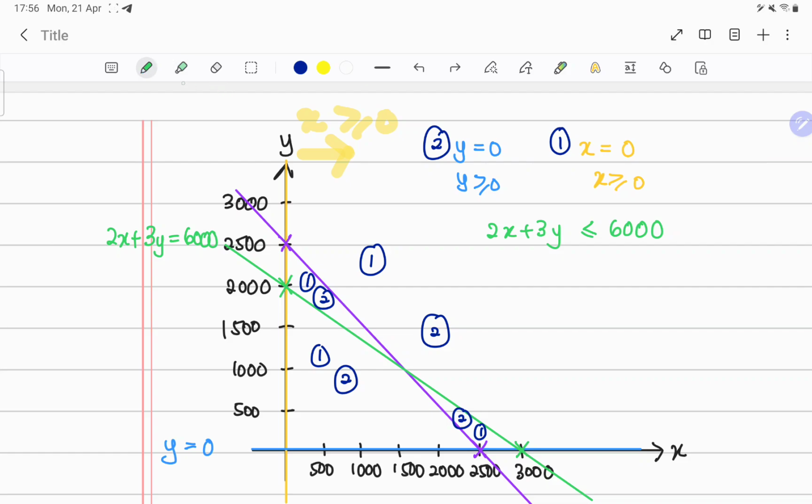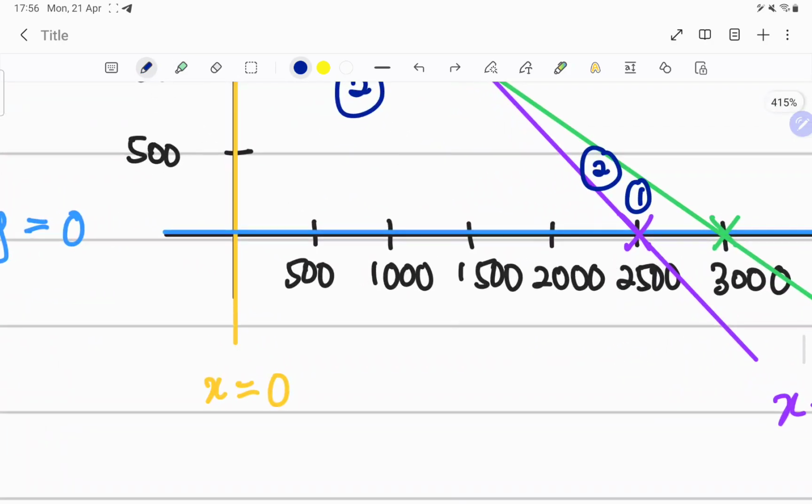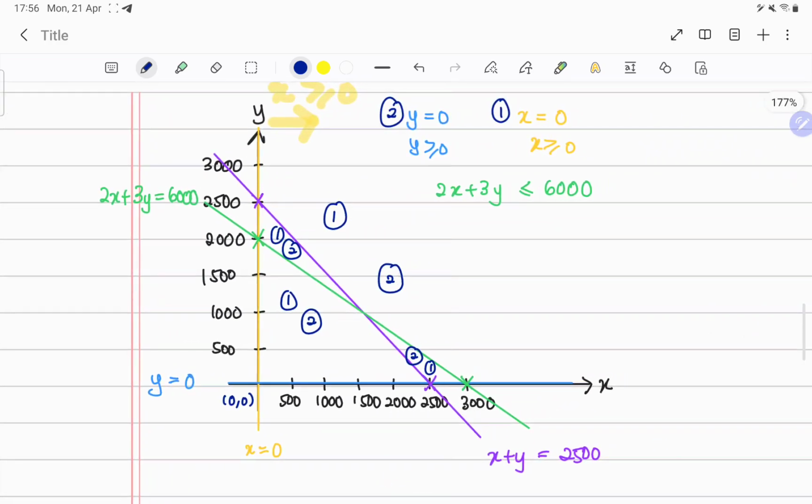So what coordinate? We can use coordinate 0, 0. If we substitute it inside this equation and the inequality is satisfied, we can draw at the area that consists of 0, 0, which means this part. If it is false, then we draw the area that does not have coordinate 0, 0. So how to do this?